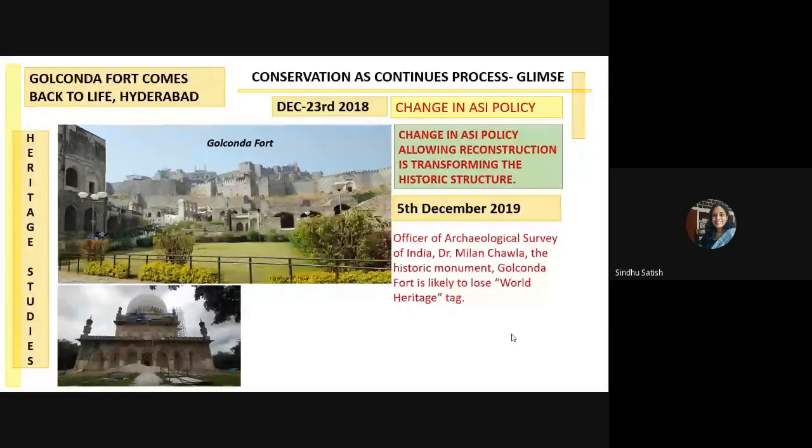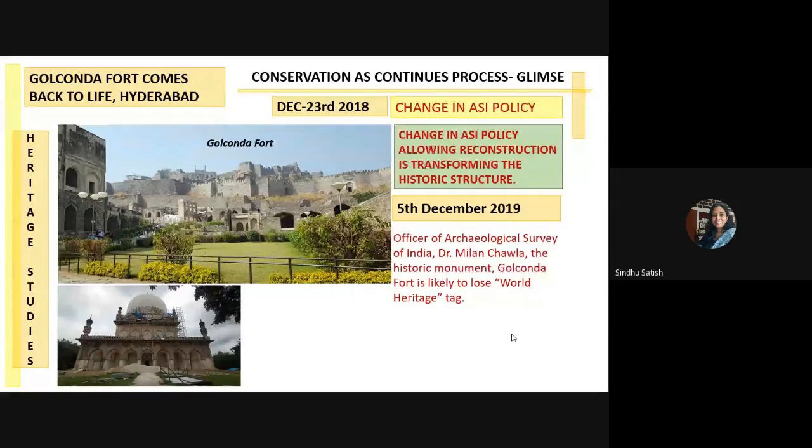That was something taken up by Dr. Milan, and he did propose a change for having two entrances, but that could not be done because of the standards of World Heritage, and due to the constraints they could not follow that. The concern was that this could lead to the loss of designation, because it does not match up to the standards of the World Heritage designation.